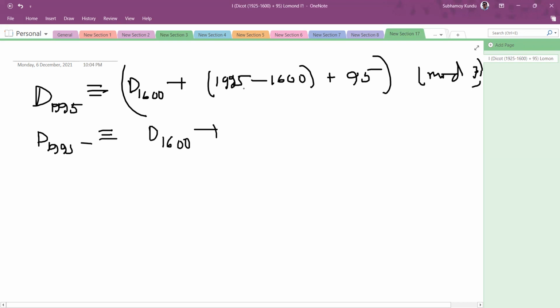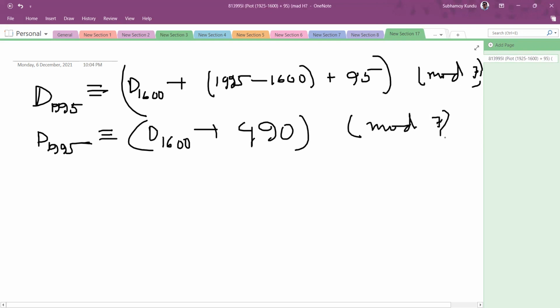It is nothing but 1995 plus 95 minus 1600 plus D 1600, mod 7, which is equivalent to D 1600 mod 7.